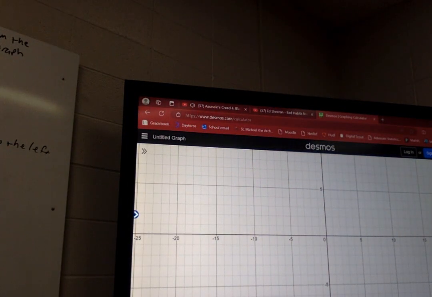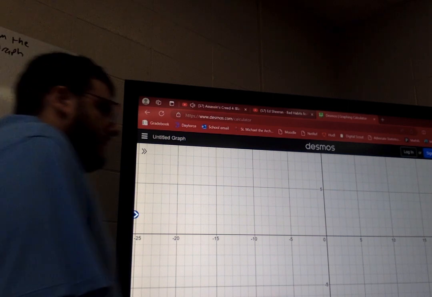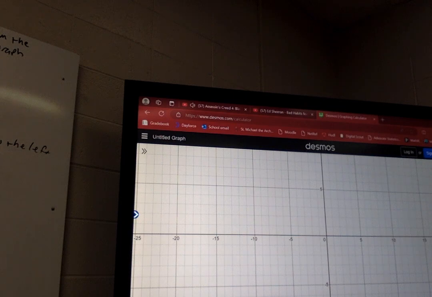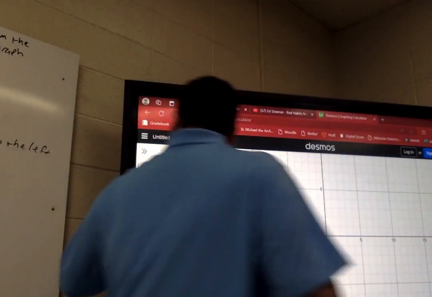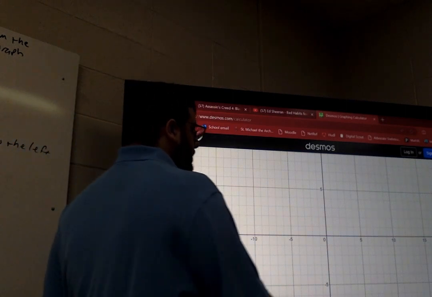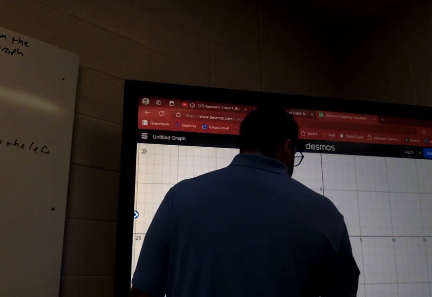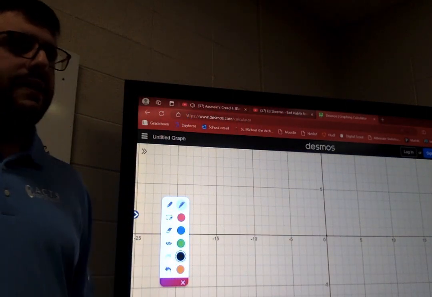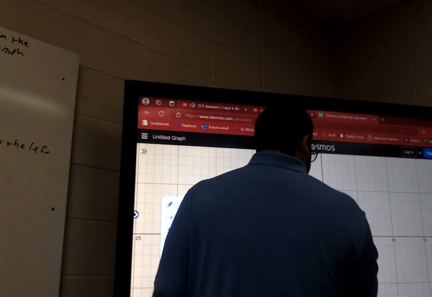You're going to get a coordinate grid on your test, so you won't have to draw one yourself. Oh, here it is. All right, so I'm going to start by graphing my parent function. And of course, you can use the matching section to help you with your graph.